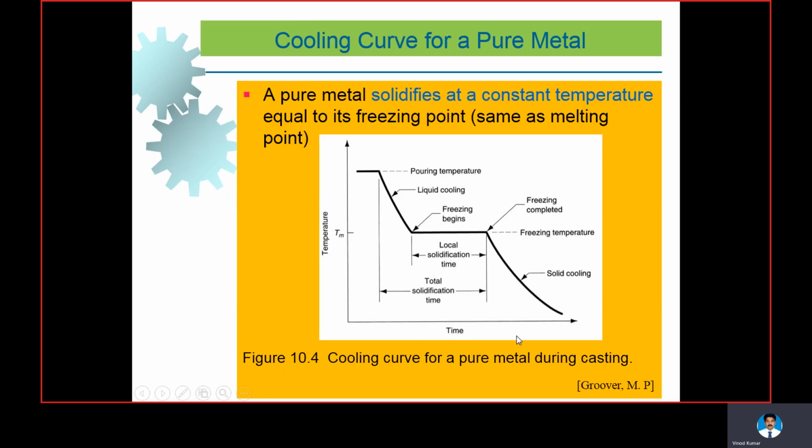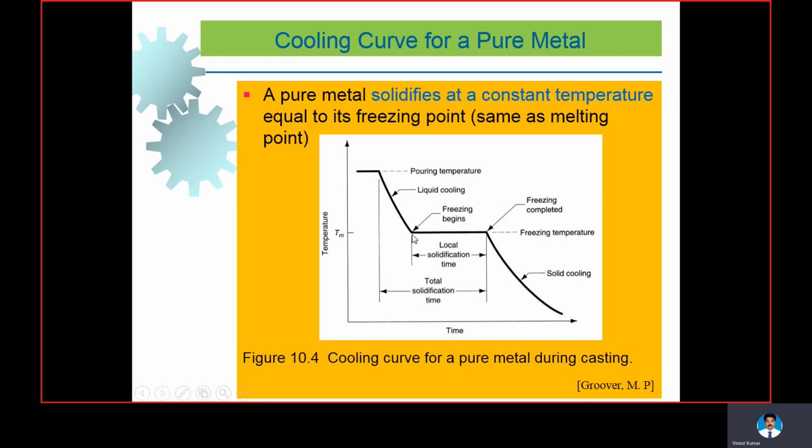Now, pouring temperature. This is temperature versus time. In the graph, the y-axis is temperature and the x-axis is time. After pouring, the temperature of the molten metal reduces consistently. Cooling takes place, and at a particular point called the melting point, freezing starts.